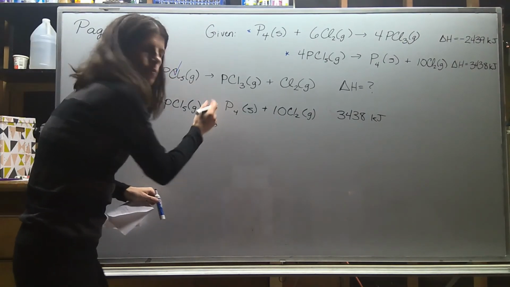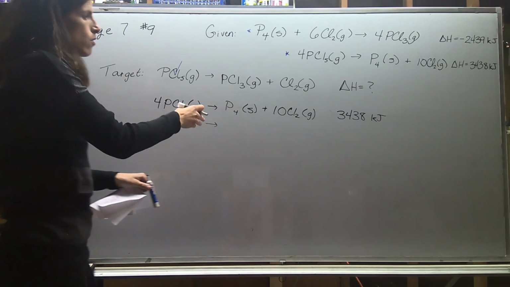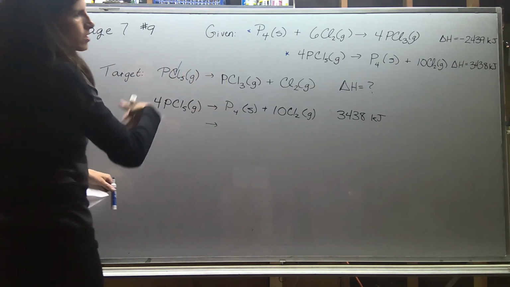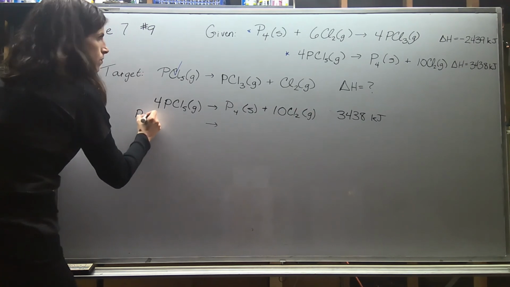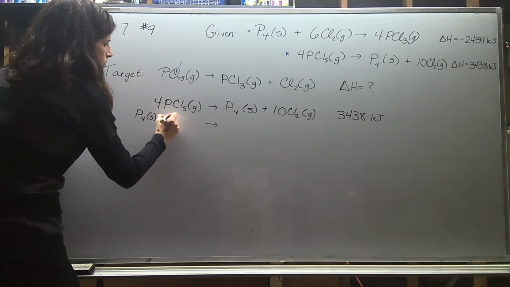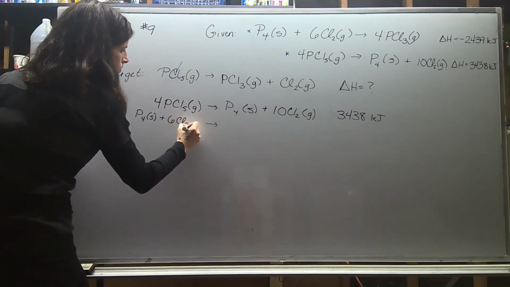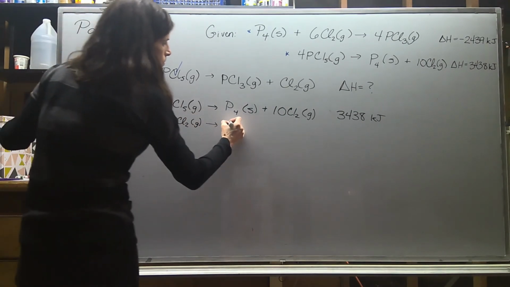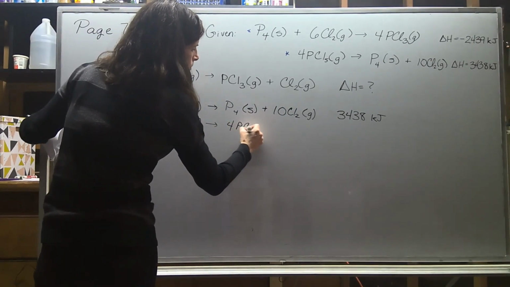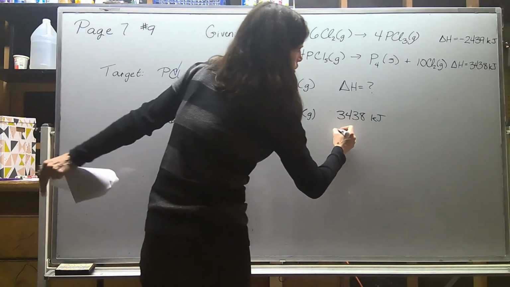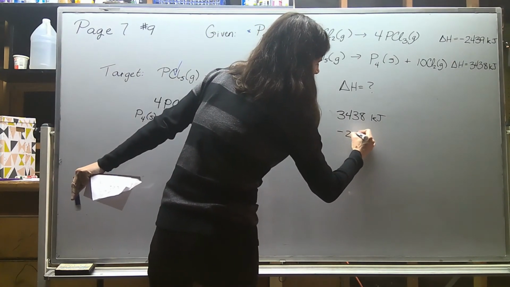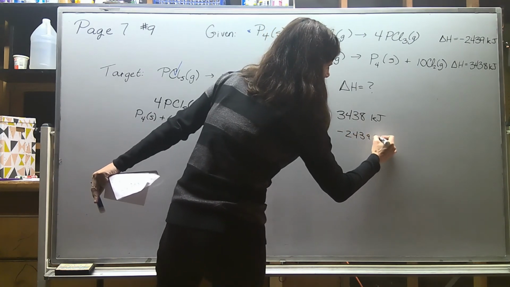One recommendation would be to keep the reaction arrows underneath each other for purposes of canceling and adding. And my delta H value is negative 2,439 kilojoules.